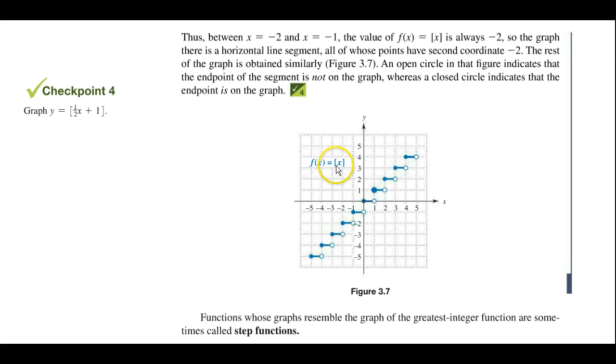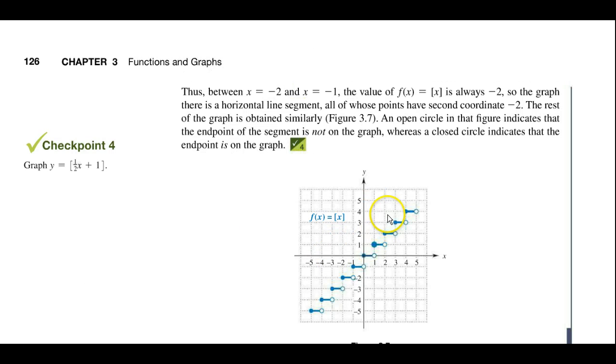Now notice, this is not an absolute value sign. These are brackets. This is to indicate step function. And once again, is this a graph of a function? And notice that the x values are only used once. So yes.